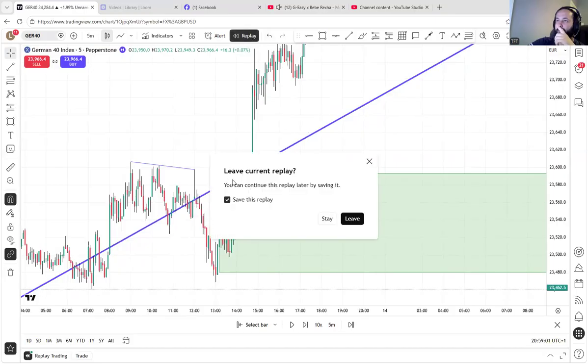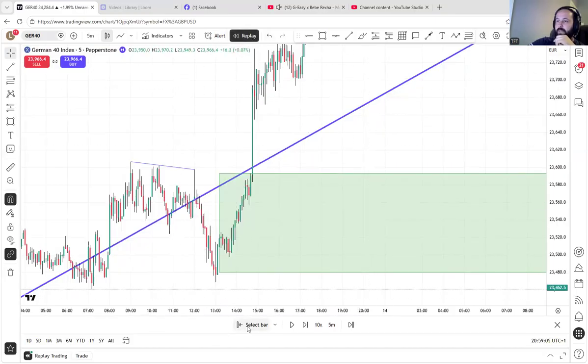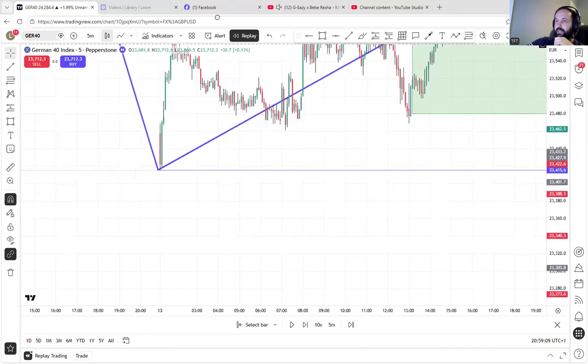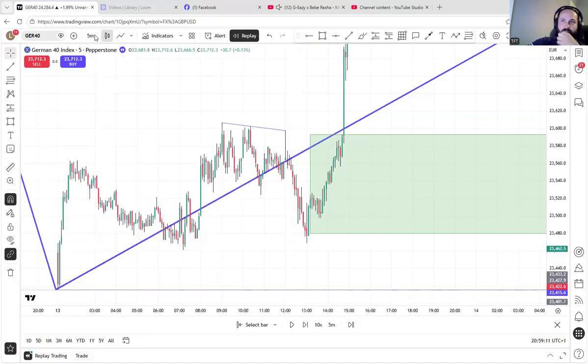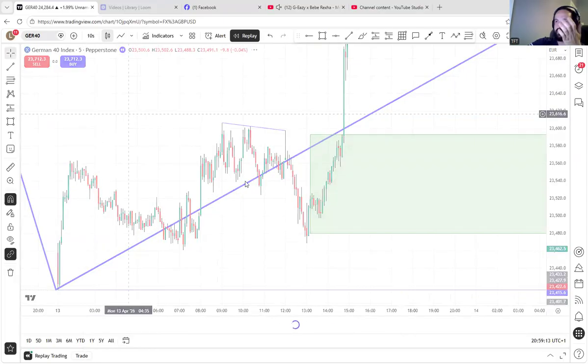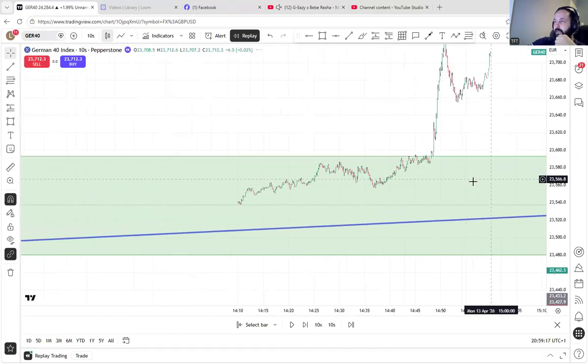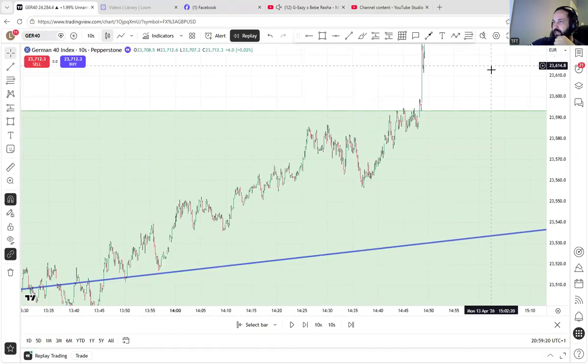Now, what I do is, I don't want to leave replay because I'm pretty happy that somewhere in there is where my entry would be. I'm coming straight down to the 10-second, and I'm looking for somewhere in and around this green box.